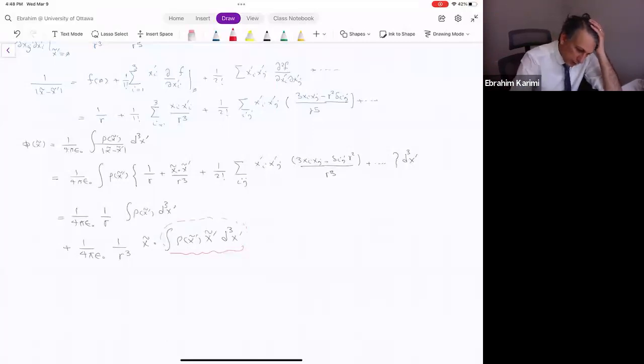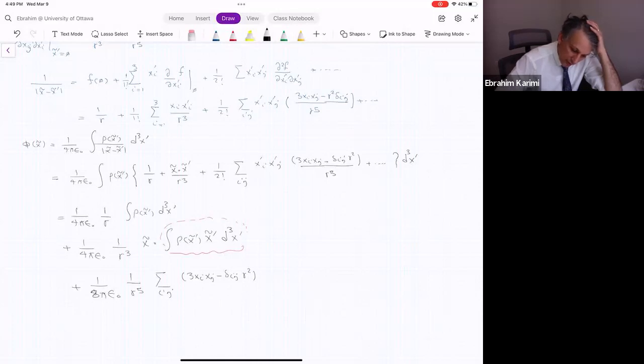Okay. What about the third term? It is 1 divided by 8 pi epsilon 0, 1 divided by r to the power of 5, a summation over i and j, on 2 indices. Then it will be 3 x i x j minus delta ij r squared. All right, good.